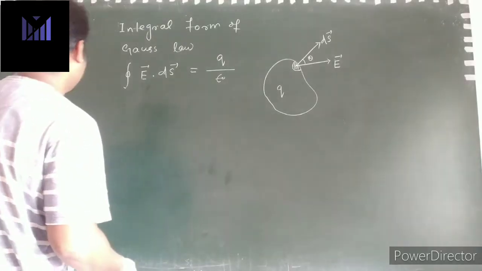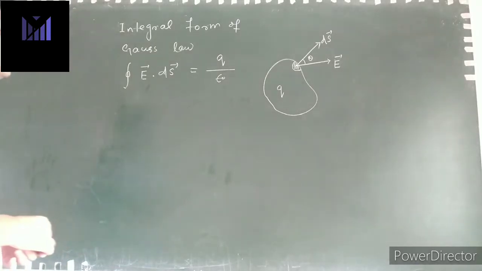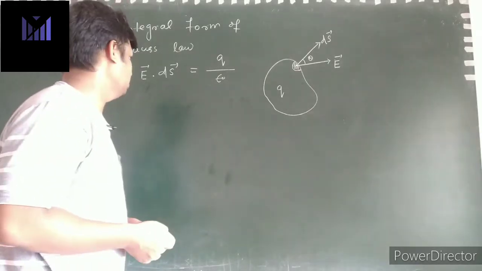To modify this equation, we have to use a theorem called the Gauss divergence theorem.